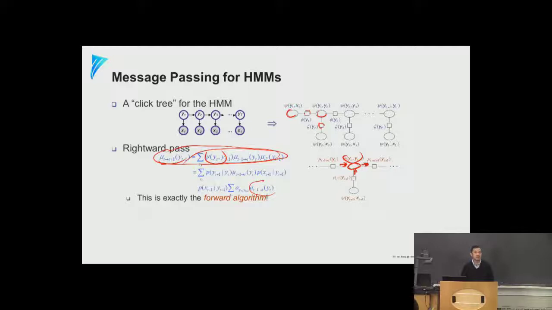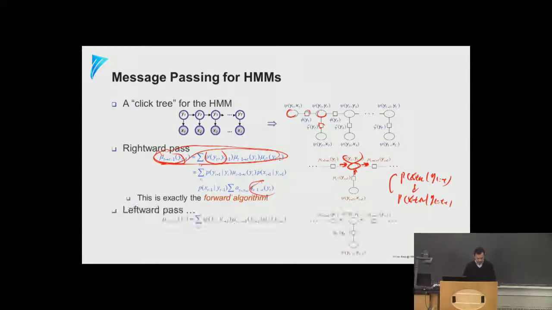If you remember, what is the statistical meaning of that mu message? You don't remember already, right? It's basically the conditional probability of x_{t+1} given what? y_1 to t, right? And you can go all the way down to the next one, x_{t+2} given y_1 to t+1. And the relationship between these two terms is captured by this forward passing algorithm.